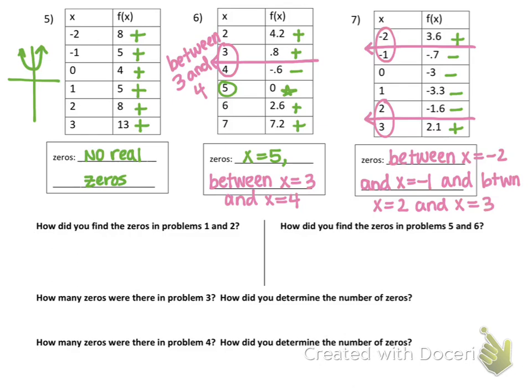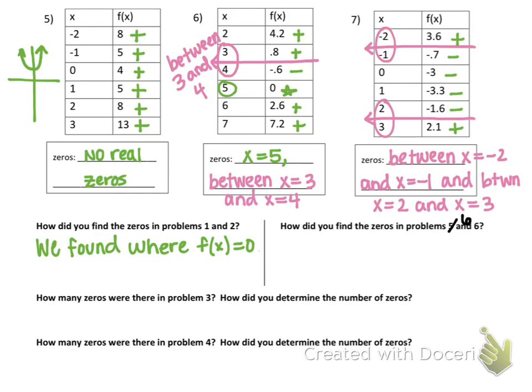So let's summarize. How did we find all these zeros? How did we find the zeros in problems 1 and 2? Well, we found the zeros by looking where f of x is equal to 0. That was easily identifiable for us.